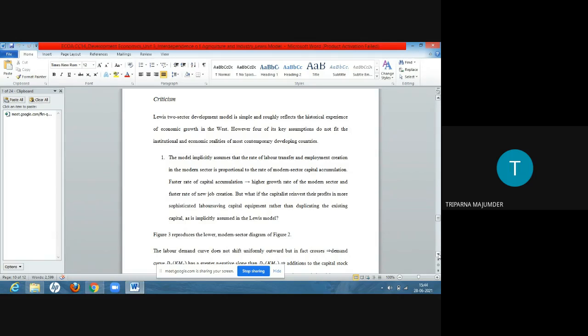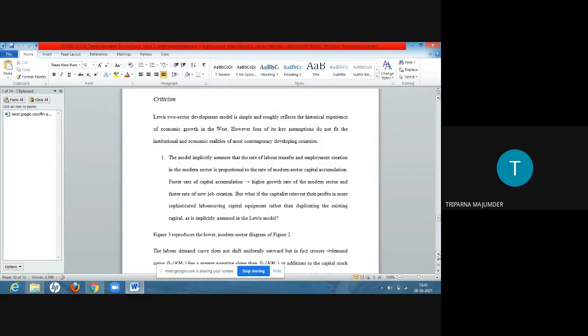That implies a faster rate of capital accumulation leads to a higher growth rate of the modern sector and a faster rate of new job creation. But what if the capitalists reinvest their profits in more sophisticated labor-saving capital equipment rather than duplicating the existing capital, as is implicitly assumed in the model?